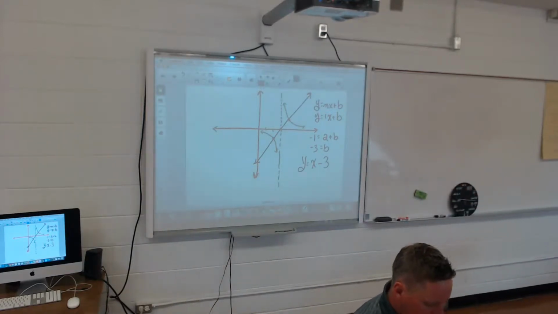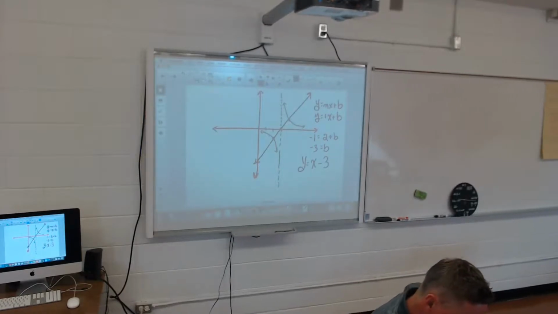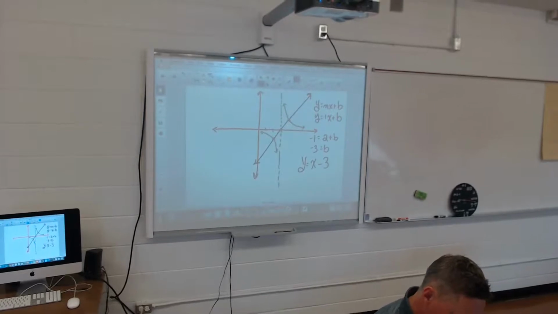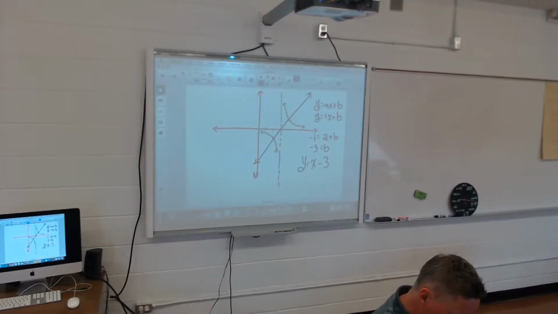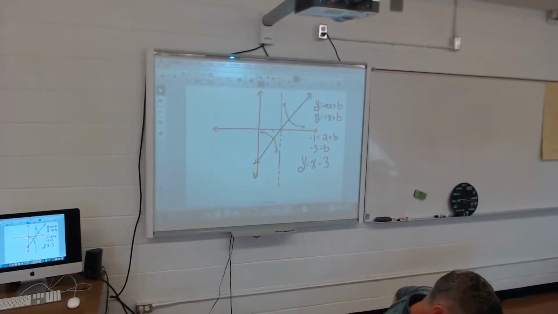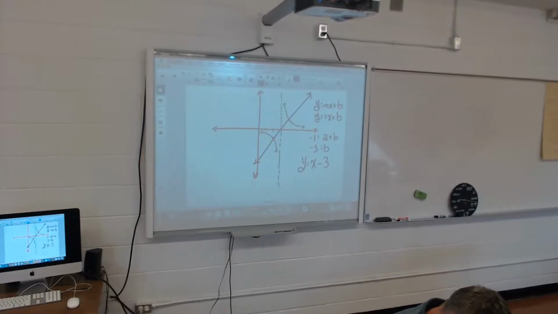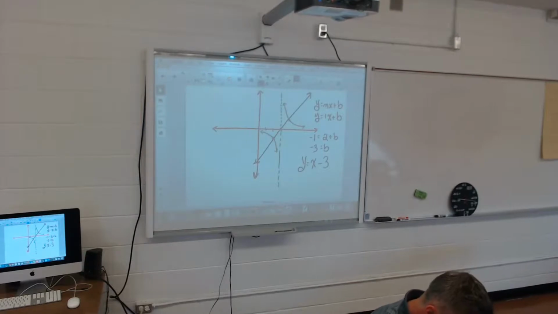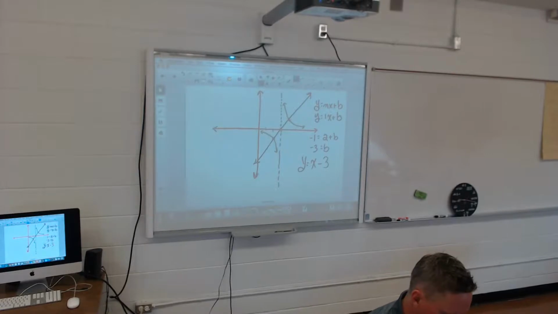If we follow through in our book here, it says y equals 1 over f of x. Is it a linear or quadratic function? Well, that's a linear function. It says the graph of y equals 1 over f of x has a vertical asymptote at x equals 3, so f of x has an intercept at 3 and 0.